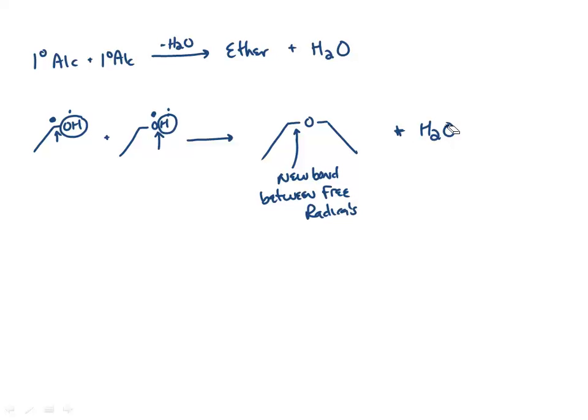Instead of writing the water that way, I could emphasize that, and that's also from the free radicals. So what this really says is that for dehydration reactions in general, water is a small stable molecule. It's very easy to remove from more complex molecules.